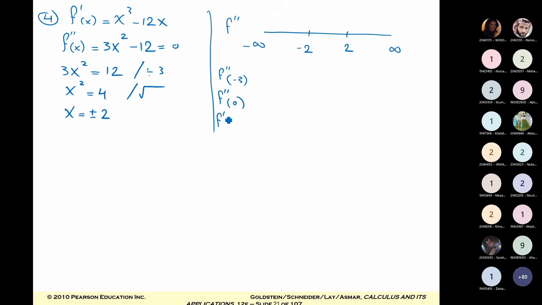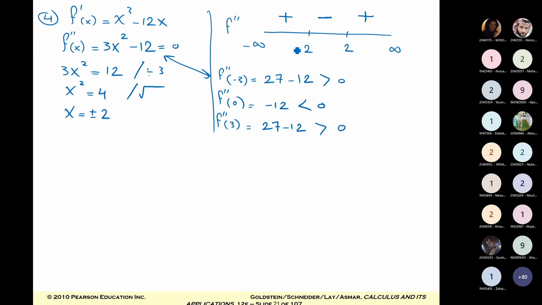We can choose 3 also to check the sign of f double prime. Negative 3 square 9 multiply 3 27 minus 12, so this is positive. 0 equals negative 12. This is negative. Put in 3: 27 minus 12, positive.